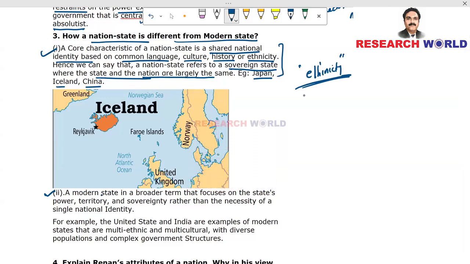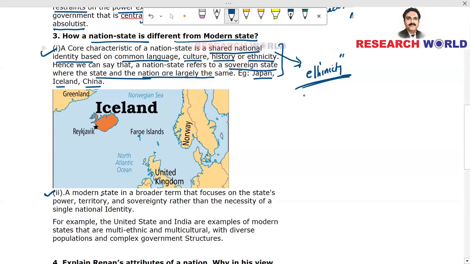Almost all the people have the same culture because they come from the same descendants. All the people in this country have the same history to boast about, and most interestingly, all of them speak the same common language.